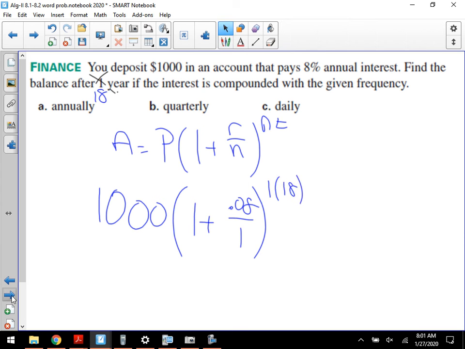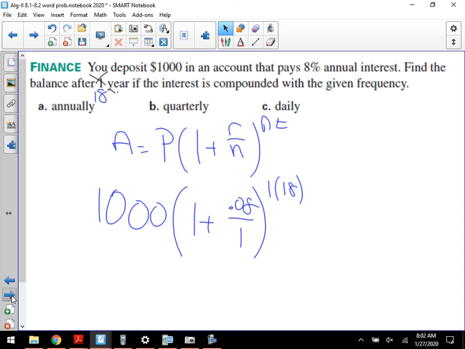Now, what's nice about our calculators is that we can really easily change this around and substitute in values. Since we're setting this up, it is asking us for different values. It's asking us to check what it is annually, quarterly, and daily. What variable changes? n. So all we're doing is this equation 3 different times.